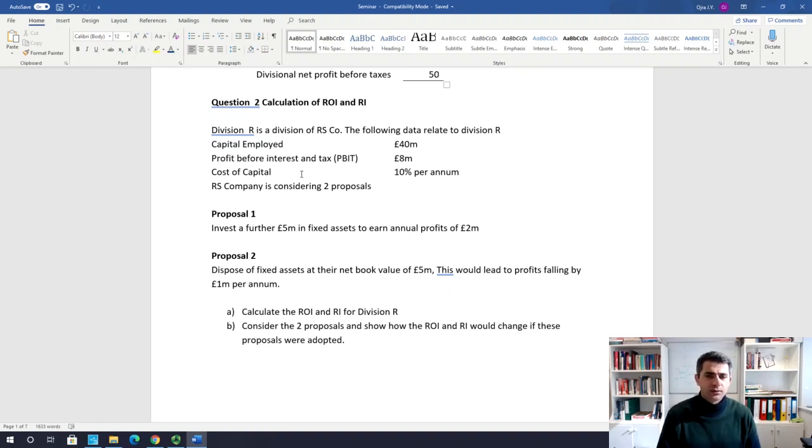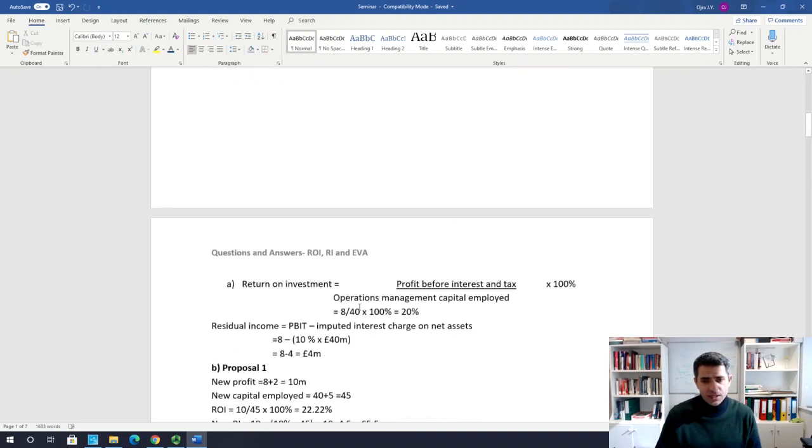The ROI is the profit before interest and tax divided by the capital employed of 40 million. So as you see, 8 divided by 40 equals 0.2, times 100 equals 20%. So this is the return on investment. Okay, let's make it in blue.